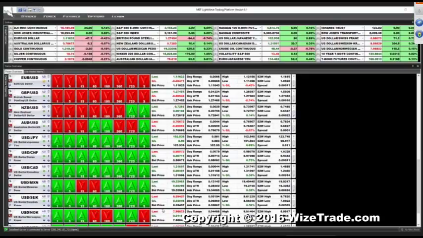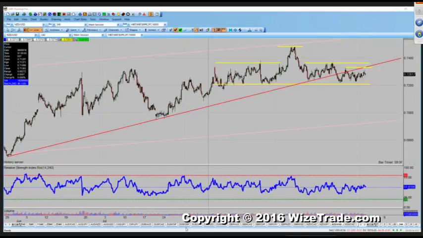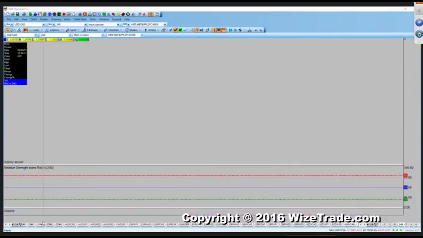Okay, Swissy just hit new highs. And it's hitting new highs again. So I'm toying with the idea of taking some profits off the table here in the Swissy. That's what I'm thinking.